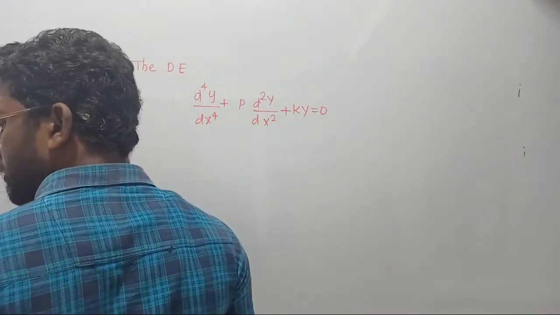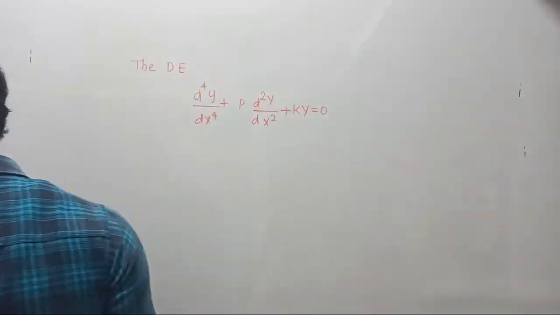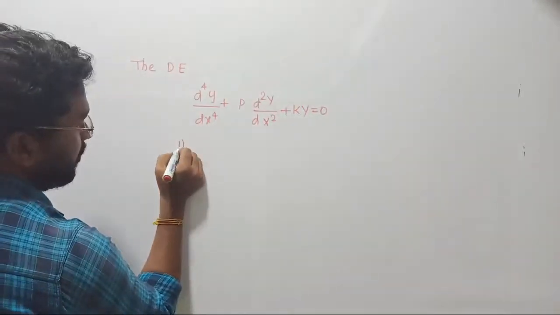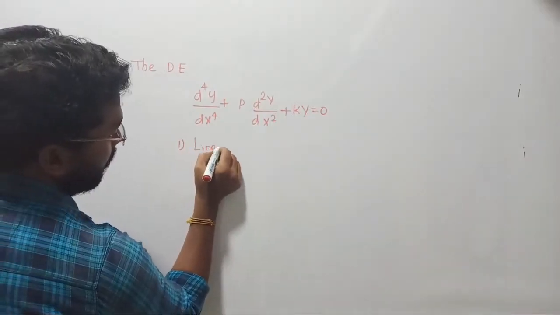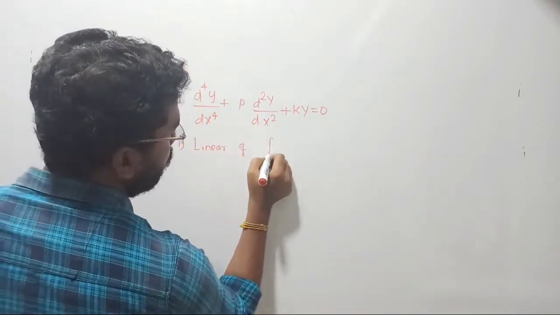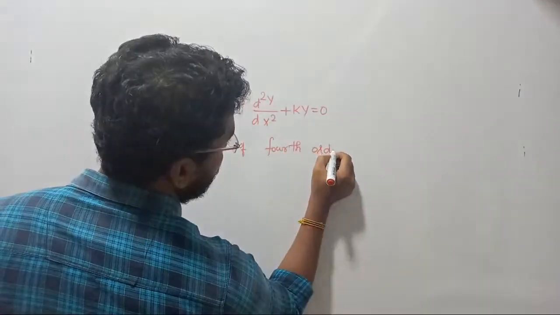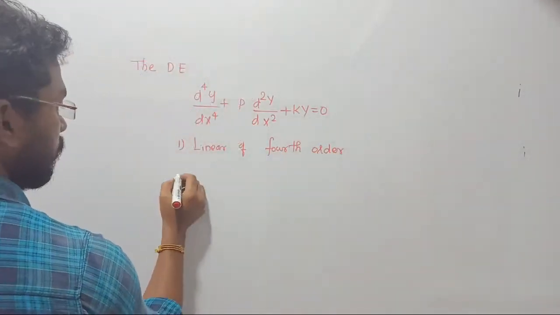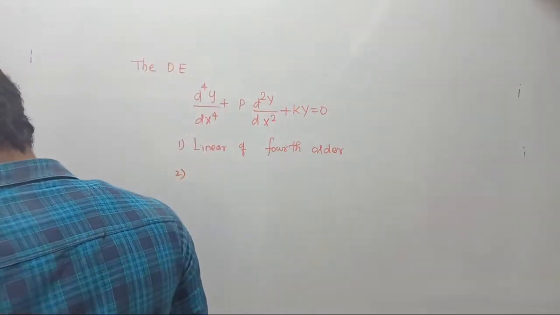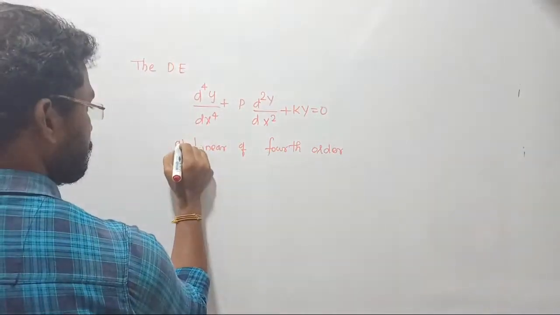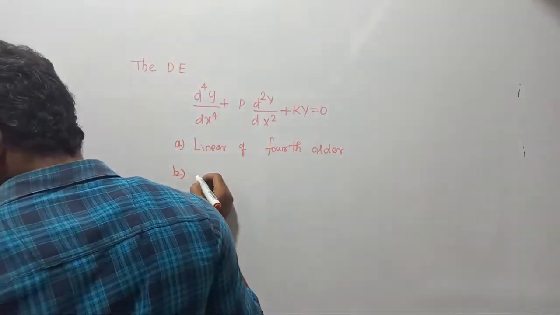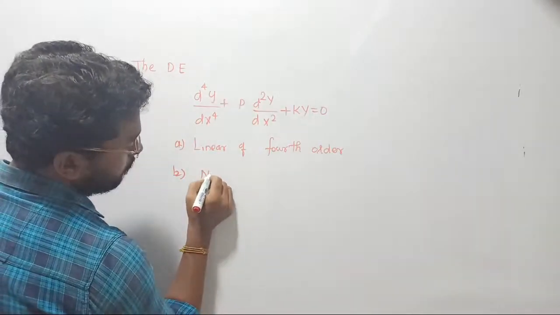Now the question is, the given system is linear of fourth order. Option A, linear of fourth order. Option B, non-linear of fourth order.